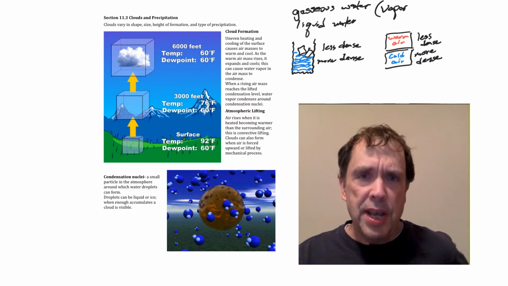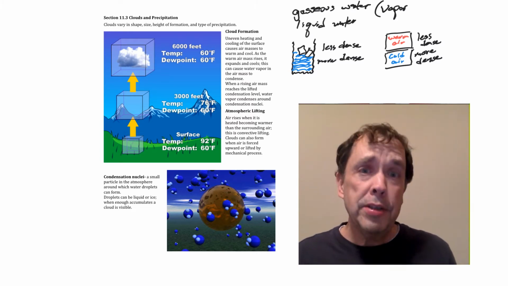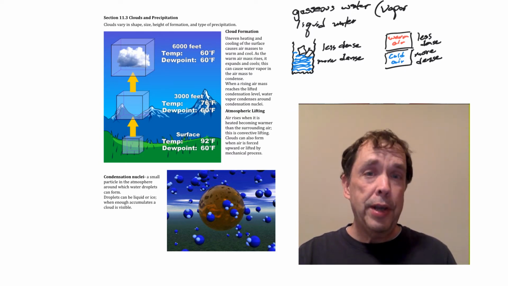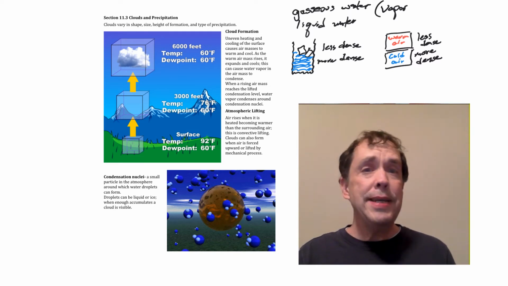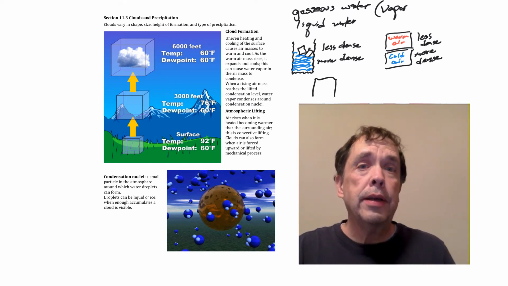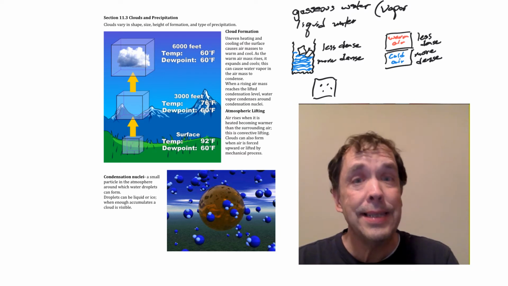If you put the same molecules in a bigger box, they're not as crowded as they were. The smaller the box, the denser and more crowded they are. The bigger the box, the less dense they are. So if you heat air, it becomes less dense and starts to rise. As long as you've got air that's less dense than the air above it, it continues to rise.